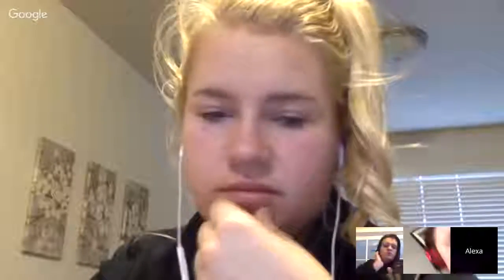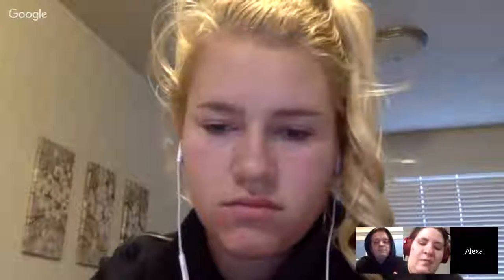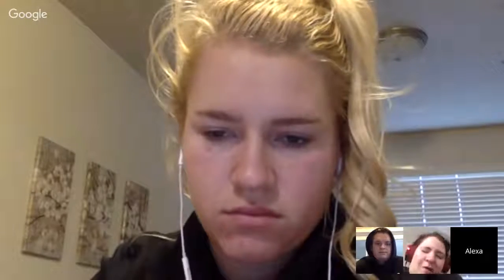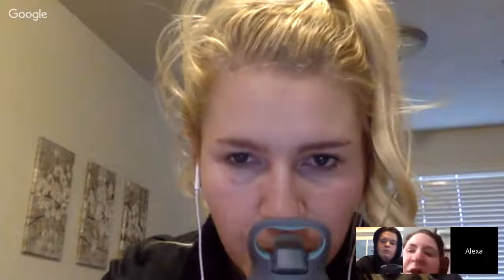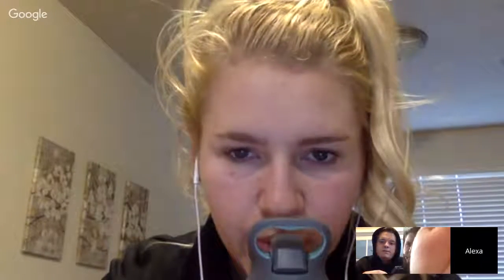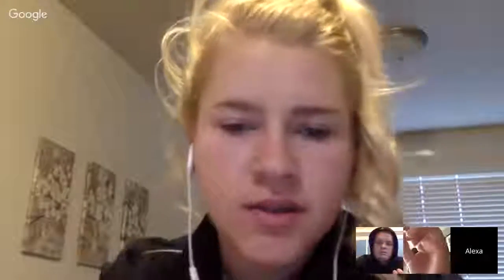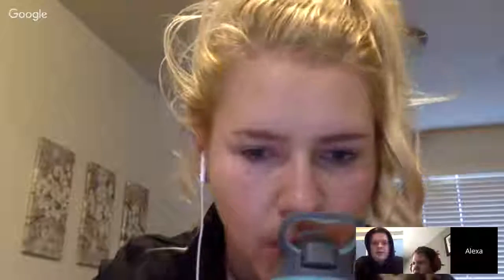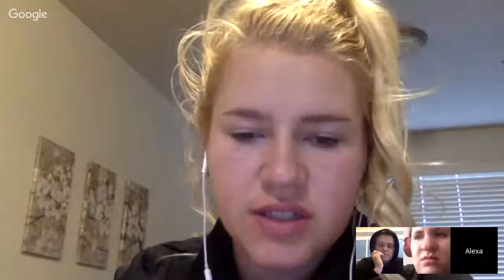M equals Z star times the standard deviation divided by the square root of N. M is the margin of error. And then you multiply by the square root of N, so N over the square root of N, squared. So the equation is N equals Z on top. So it looks like this. That's the equation.